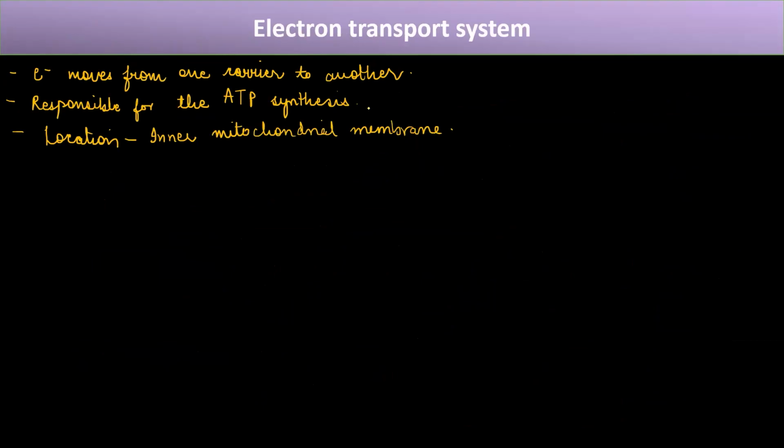Now the electron transport system consists of five complexes. What are these five complexes?